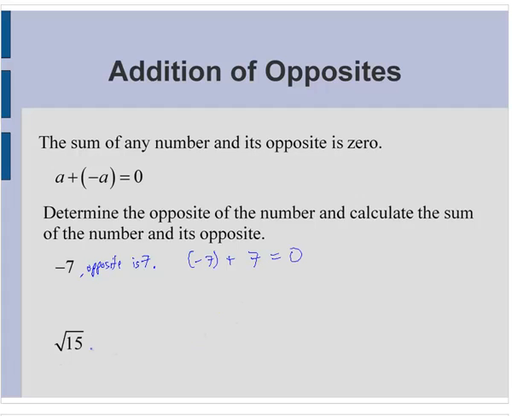The second number we are given is the square root of 15. Its opposite is negative square root of 15. And the square root of 15 plus negative square root of 15 is 0, again, since they are opposites.